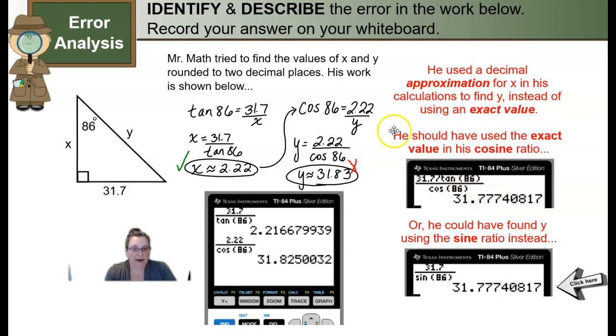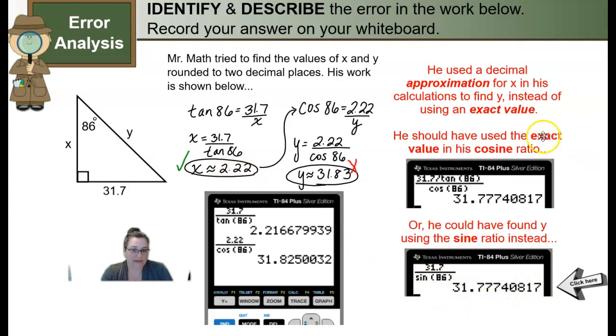But because he rounded on the way, he created round-off error in his answer. So you want to make sure that when you have to use a decimal approximation and carry that into another part of the problem, maintain at least 4 decimal places of accuracy, or use a value that is exact.